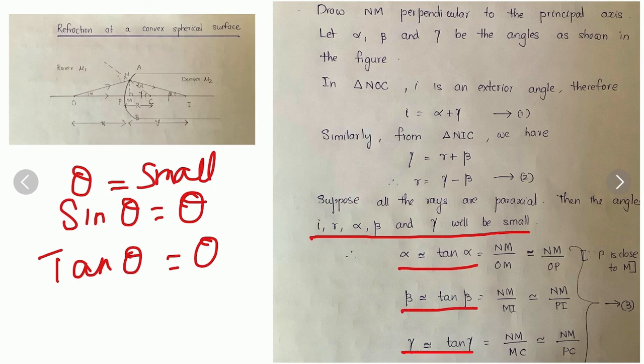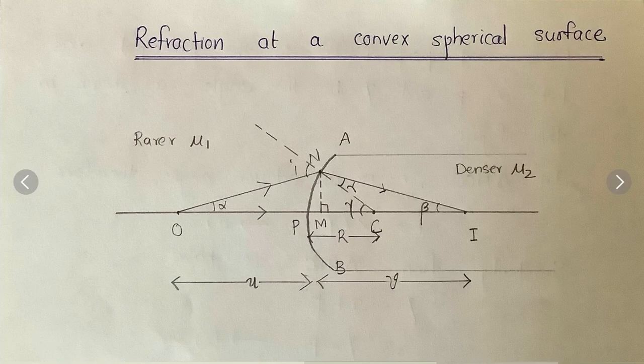Then tan alpha, from these triangles, is NM by OM. So this is alpha. I'll take you back to the big picture. Tan alpha is equal to the opposite side NM divided by OM.